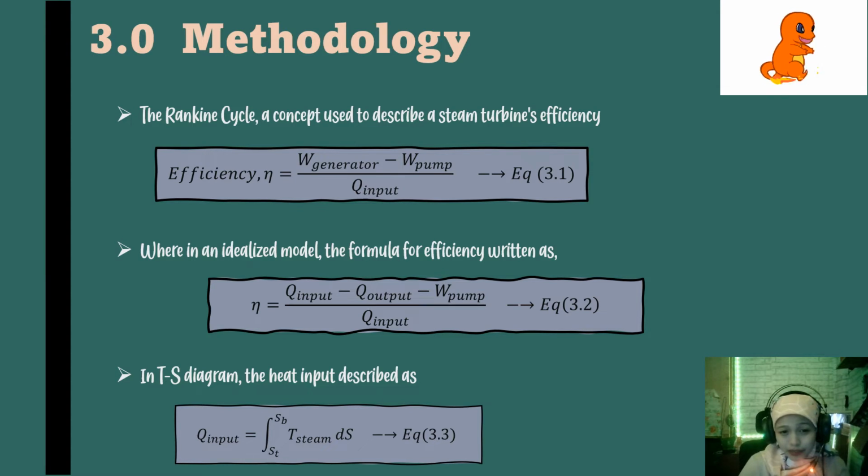In the TS diagram, which is the diagram that we will use when we try to improve the work done by 350%, the heat input, described as Q input, is equal to the integral of T steam, which is the temperature of water in the condenser.